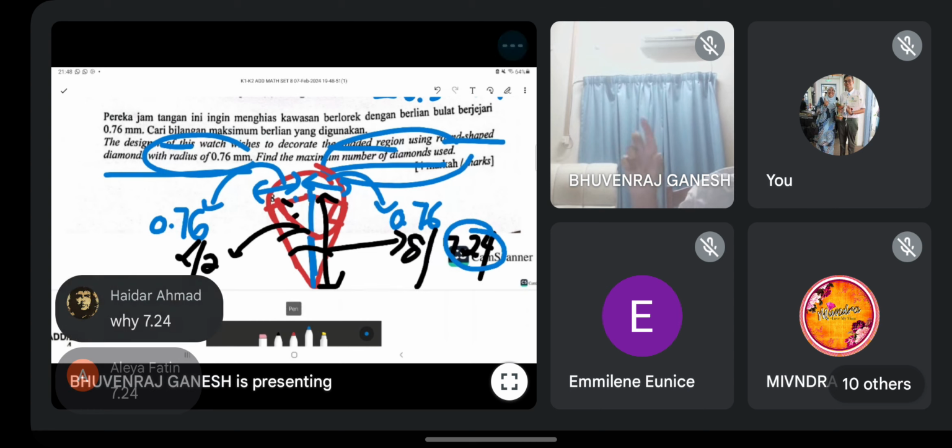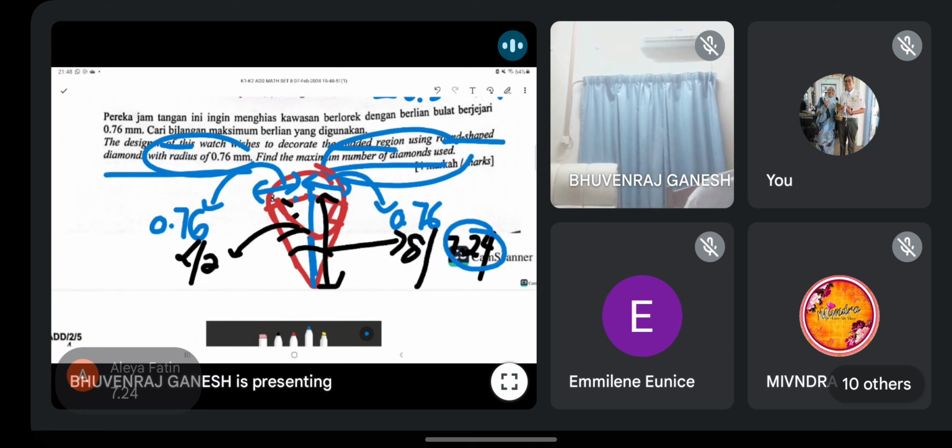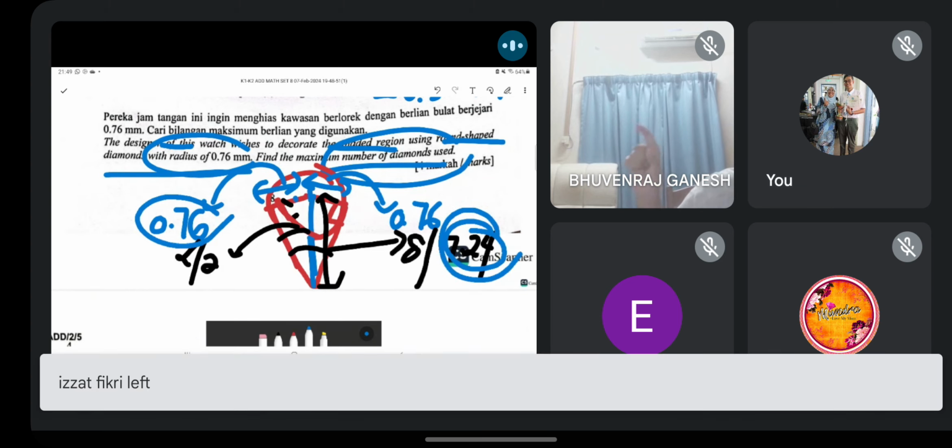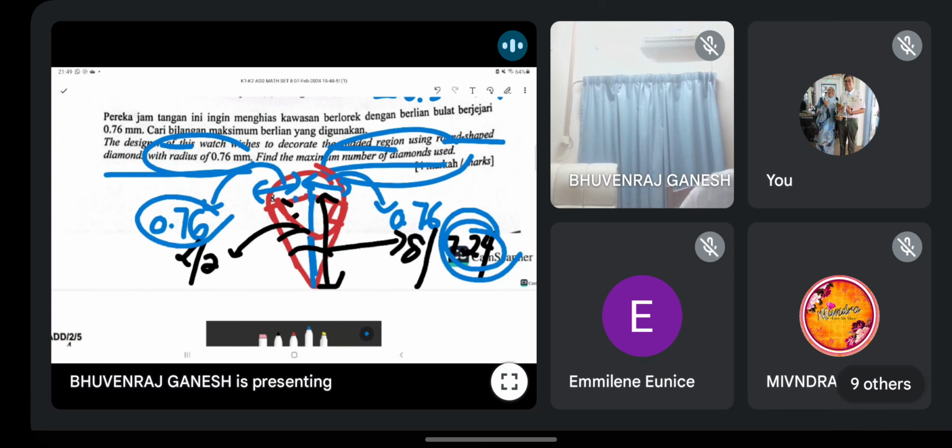Because 7.24 is the length without including the diamond. Kita tak mau masukkan diamond. 8 cm is for the whole circle radius. But now we want to count without including the diamond. So it's minus 0.76. Kamu dapat yang ni, 7.24. Because now we just focus without the diamond first. So the length we take is actually 7.24.